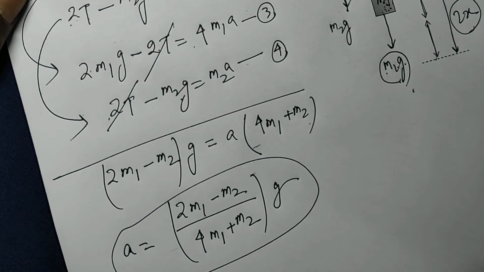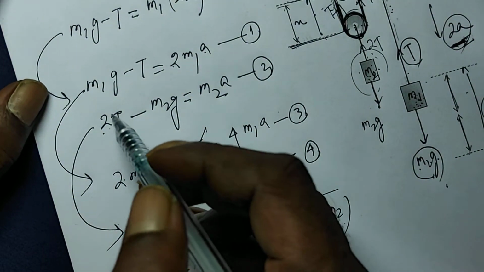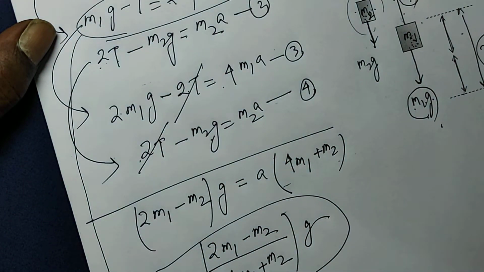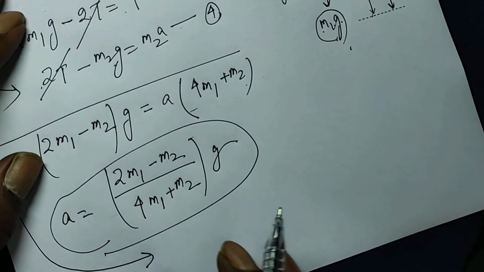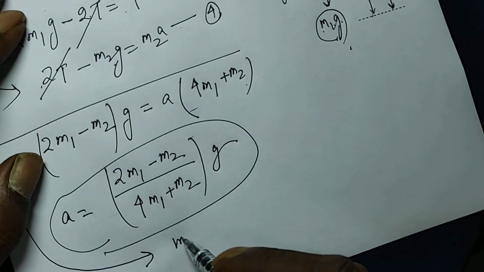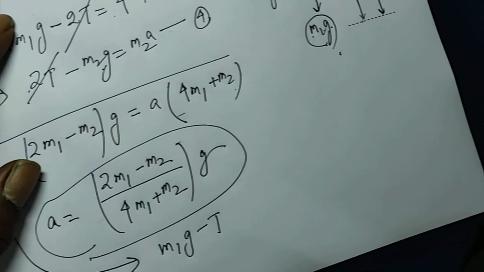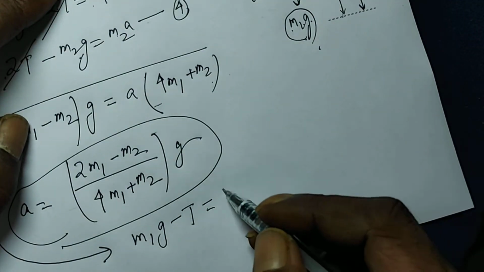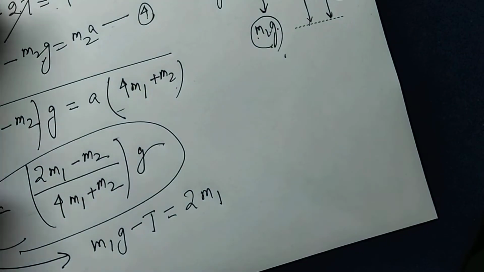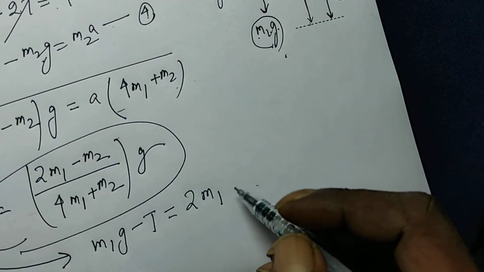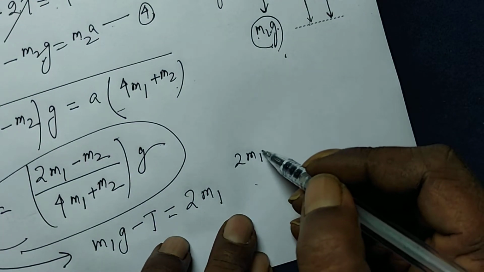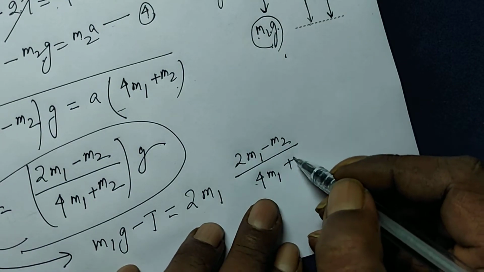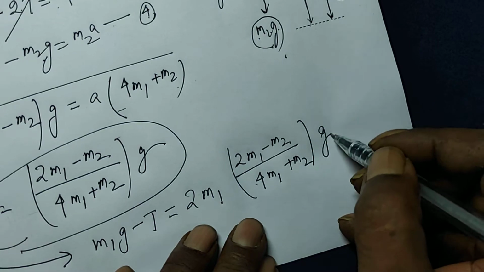Let me bring this equation and rewrite it. m1g minus T is equal to 2 times m1 times this acceleration. So I put the value of acceleration here, (2m1 minus m2) over (4m1 plus m2) times g.